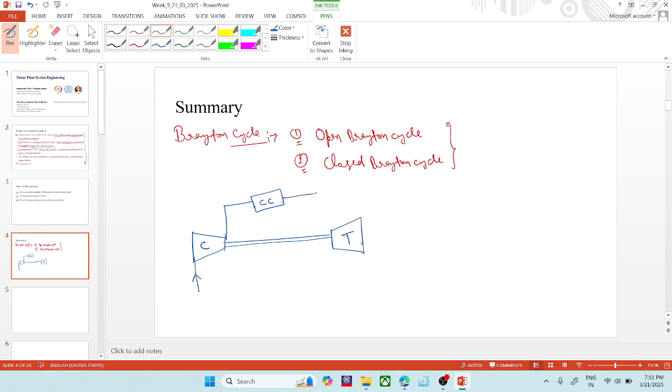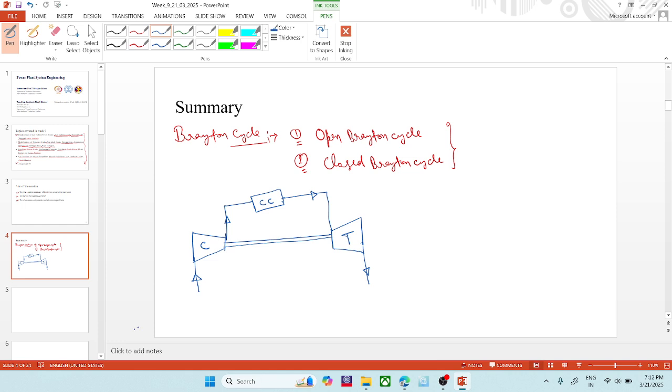Then this high temperature air is sent to the gas turbine. It expands in this gas turbine and then exits from the turbine.